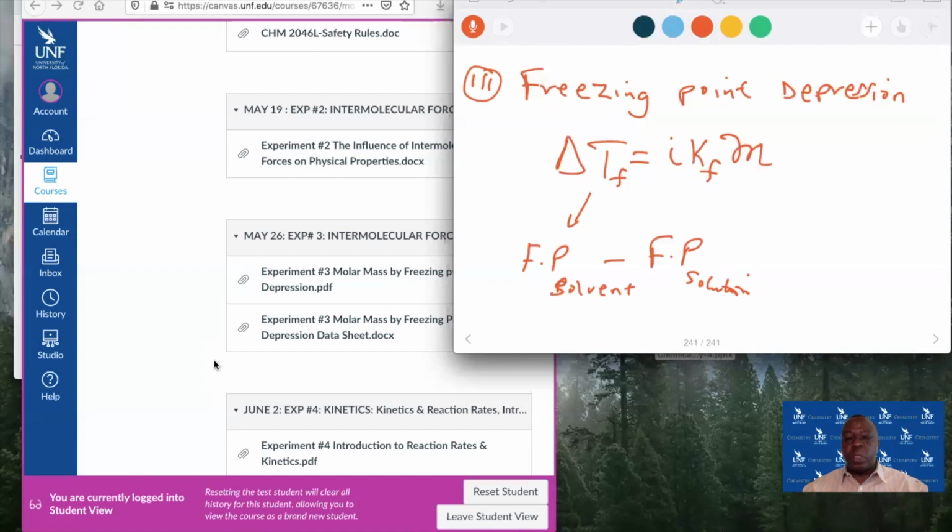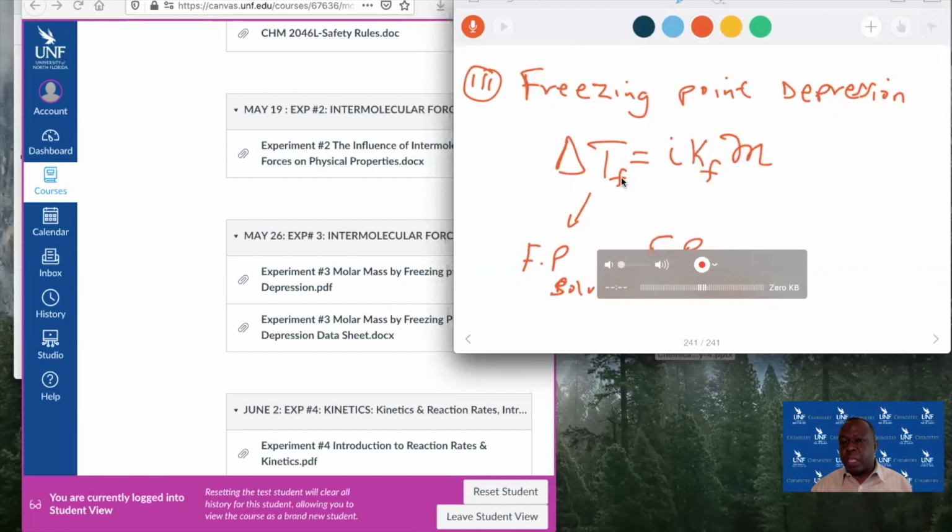So for today's experiment, listen, you should be able to identify the solvent and identify the solution when you mix the two. Critical is, what is my solvent? What is my solute? So that when you determine the freezing point for both, you will be able to plug in to get the left side of this equation.